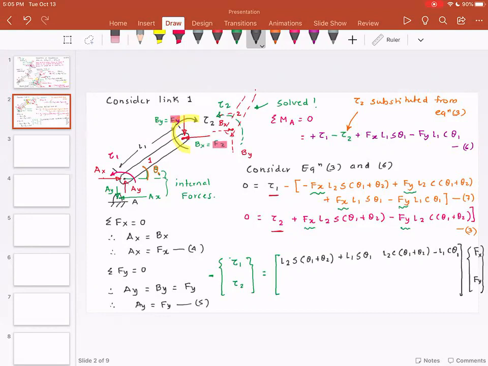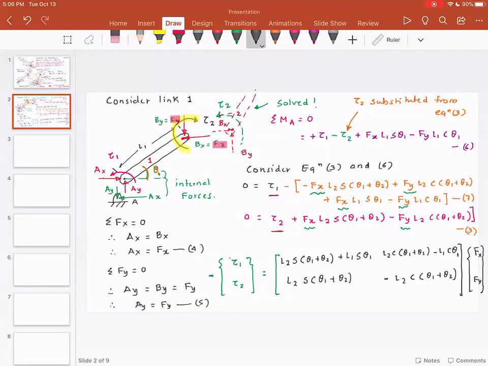This equation will now become L2 sine theta 1 plus theta 2, and this equation will become minus L2 cosine theta 1 plus theta 2.